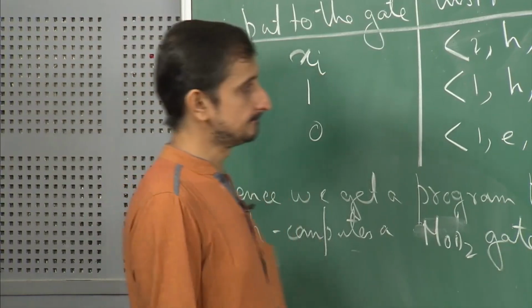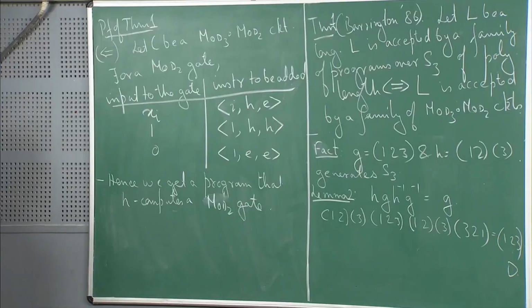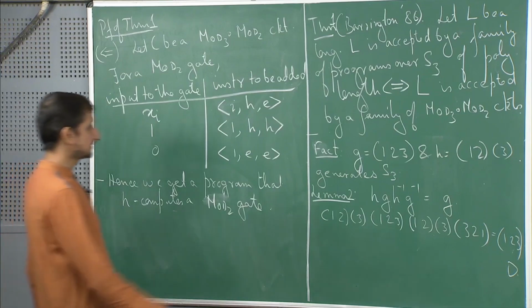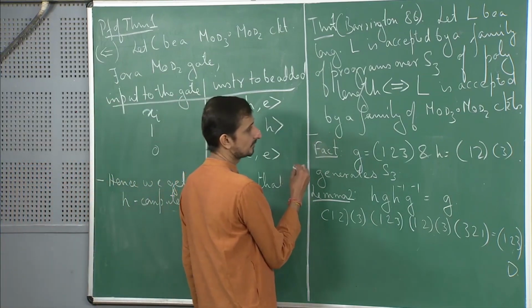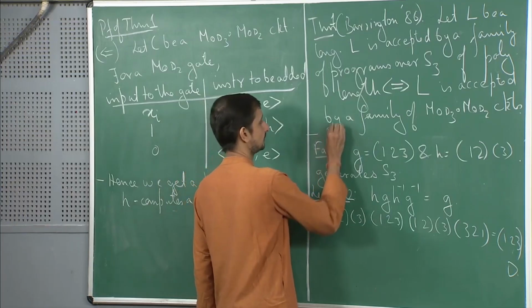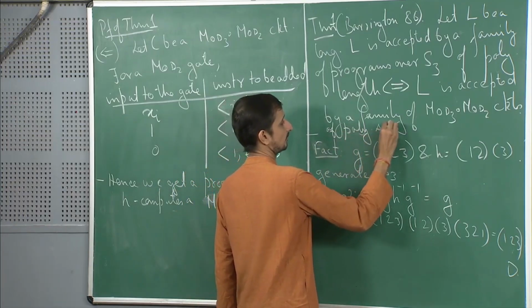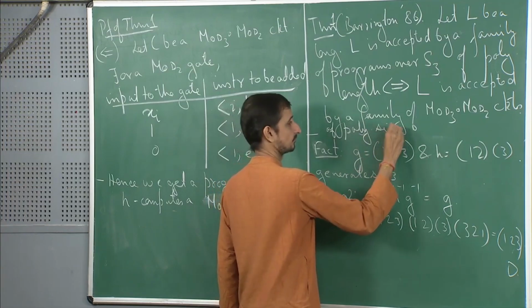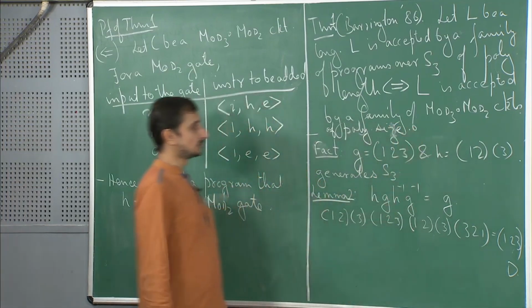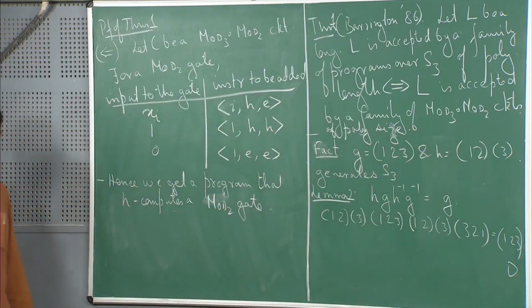Okay, maybe I can just write it over here: by a family of mod 3 mod 2 circuits of polynomial size. Yeah, so you are right. If you do not mention it, it can be more as well, but yeah, we take it as polynomial.